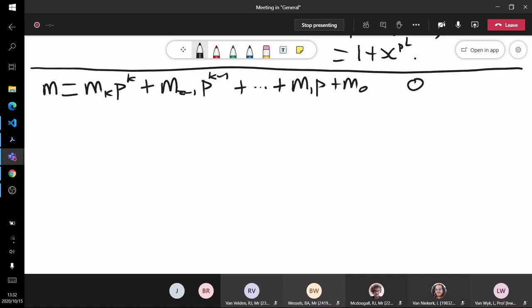So that's each m_i is between 0 and p minus 1. And we have the same thing for n.